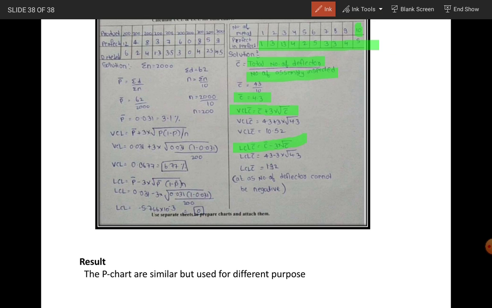Here we have got 4.3, which we will substitute over here as well as over here. The only difference between the upper control limit and lower control limit is the minus sign. So we will utilize this and get all the values. This is how we have obtained the results.